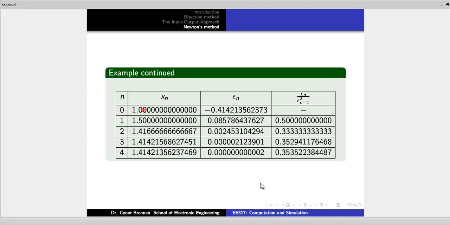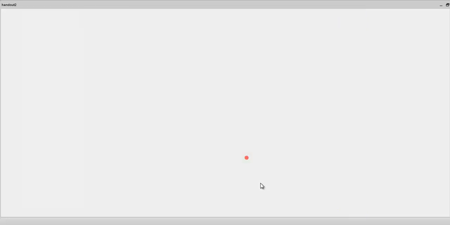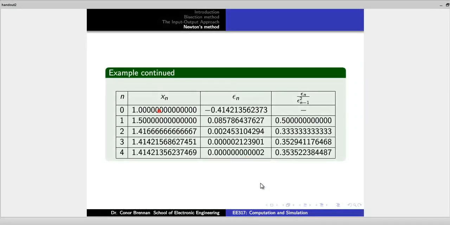Let's start with an answer which is not the root. 1 is not the square root of 2, but we start with our initial guess at 1. The first update will be a half of 1 plus 2 over 1, which is a half of 3, which is 1.5. So we go from 1, our initial guess, to 1.5. It's a good update because the actual answer, root 2, is about 1.414.